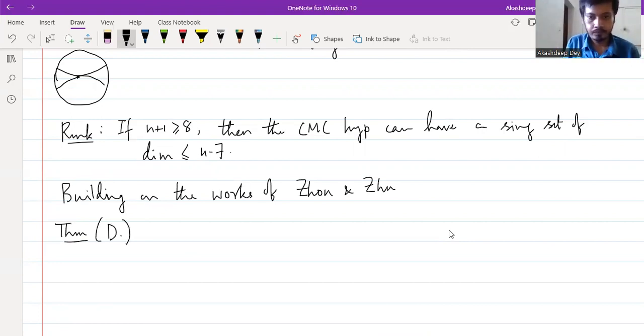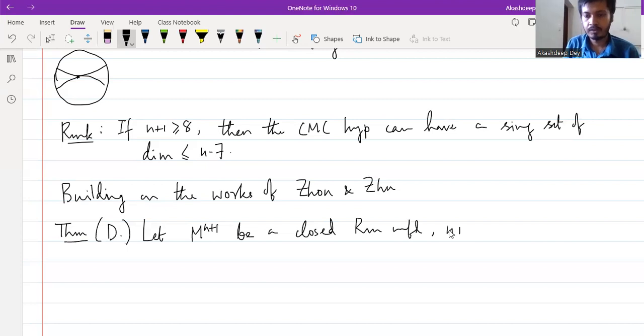Let M^{n+1} be a closed Riemannian manifold with n+1 greater than or equal to 3.